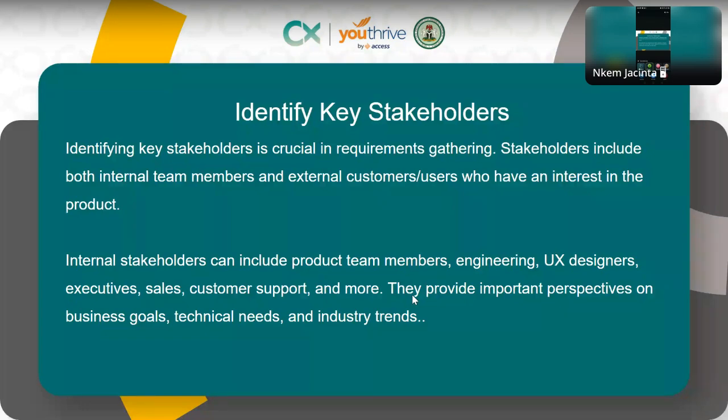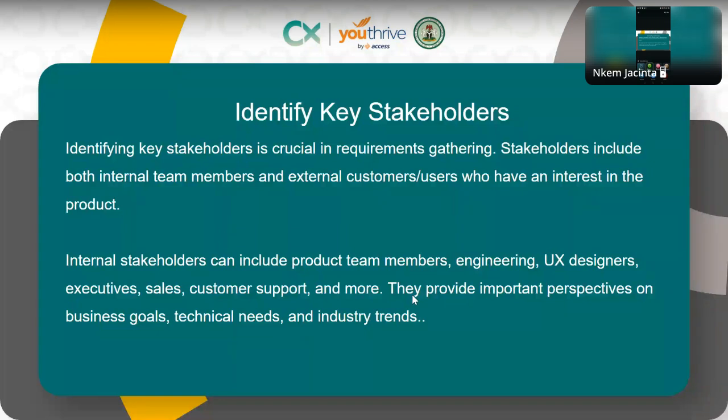There are some products that, as much as they have external users, also have internal users, especially if there's an account manager, an admin, a validator, someone that needs to approve something. So if your team is engaging with your product as well, you have to consider them as stakeholders.